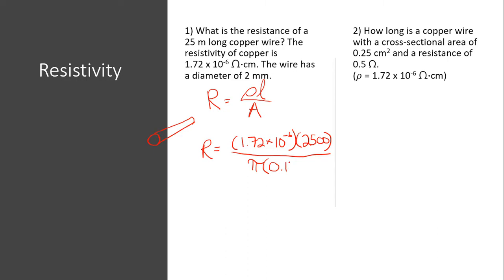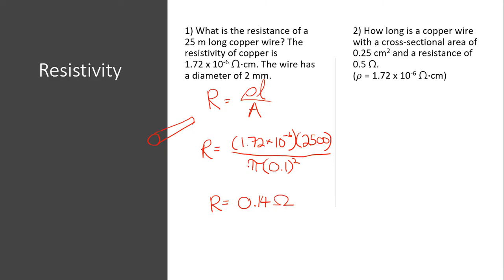So I'm going to divide by 10 to change that 1 millimeter into 0.1 centimeters, and that's 0.1 squared. Okay, so when you do all of that math, you should have, hopefully, this answer. And that's just it.